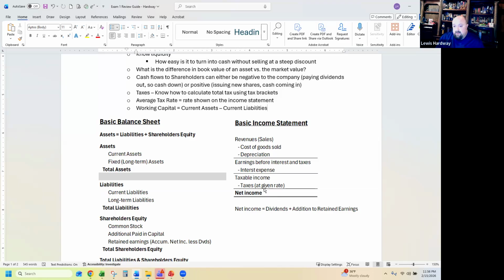That's why I want you to have a good idea of what these look like. I want you to be able to remember this basic format. That way, if you have a question where you've got to figure out a missing piece, you can work your way backwards. So I think that's an important thing to know. And it's good problem solving. But that's it.